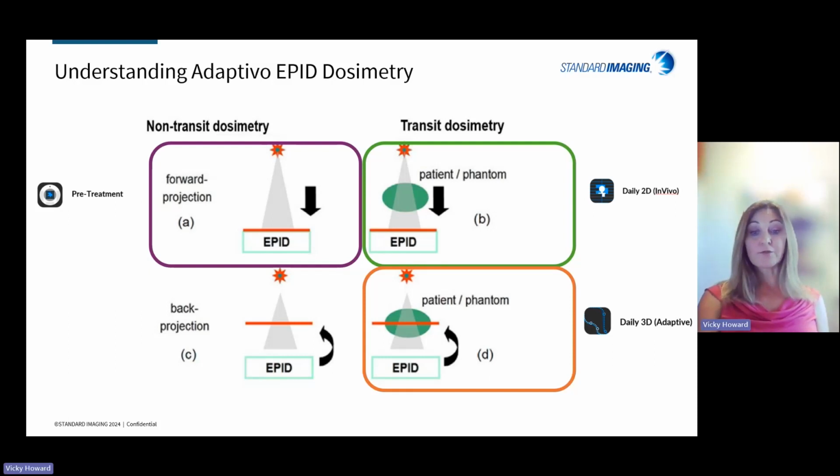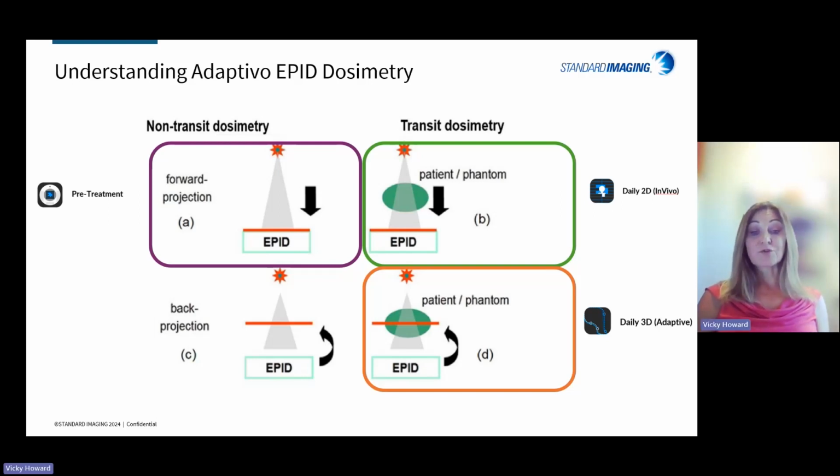Now, the column on the right represents an in vivo transit dosimetry setup where EPID panel measurements are acquired during a patient's treatment, and the exit dose is measured at the level of the EPID panel. Adaptivo's 2D in vivo module uses the forward projection approach, where dose measurements are compared to the treatment planning system plan or a reference treatment image at the level of the EPID panel.